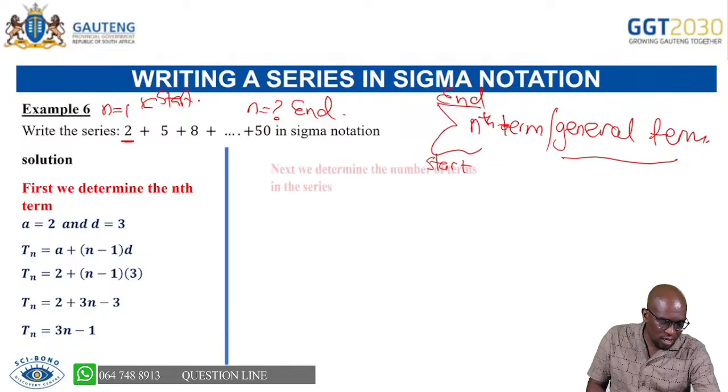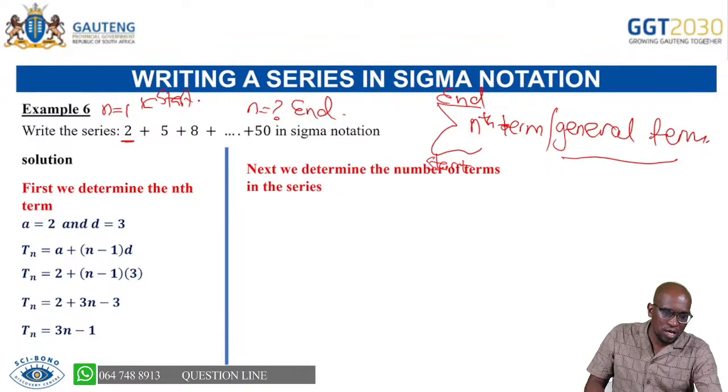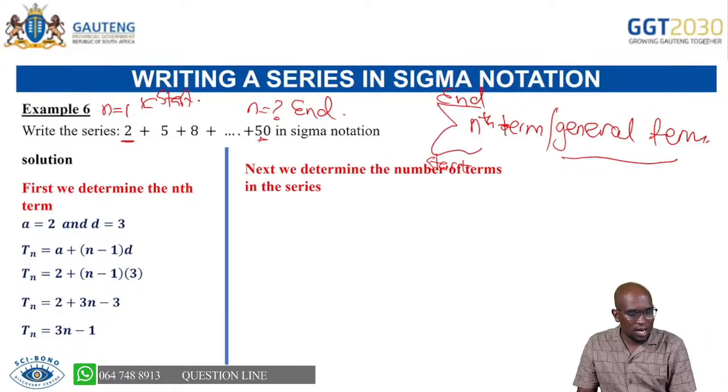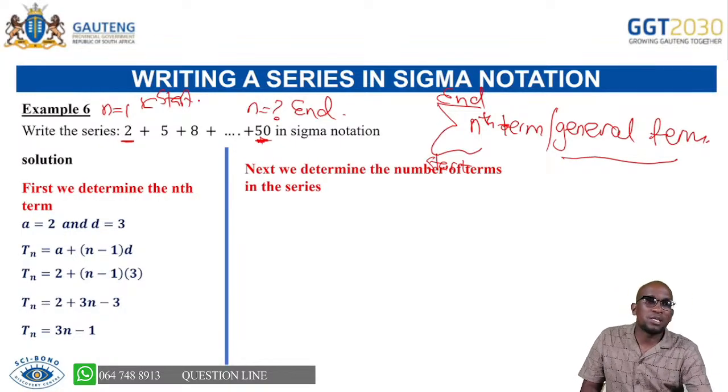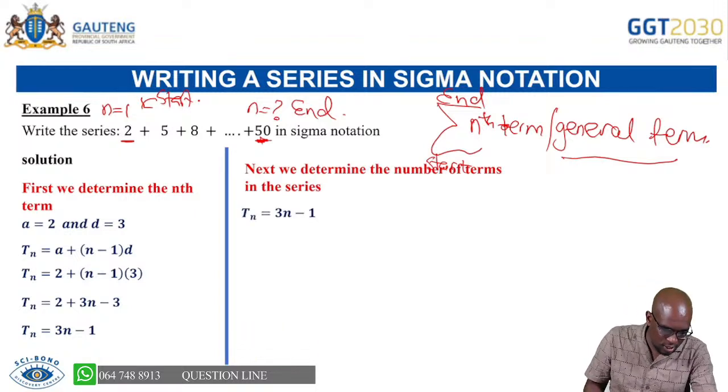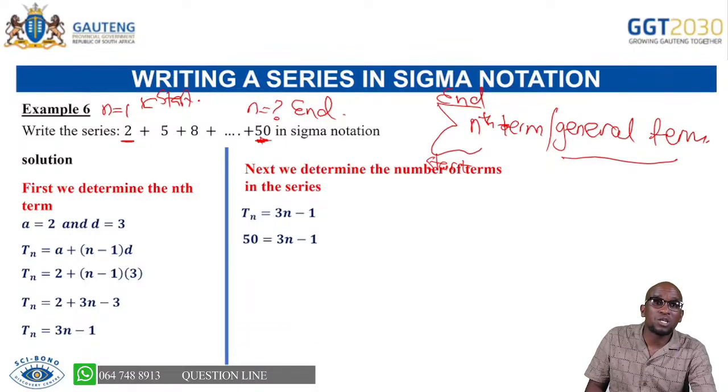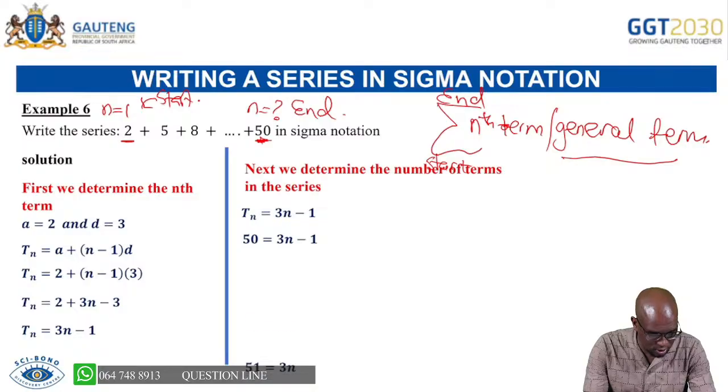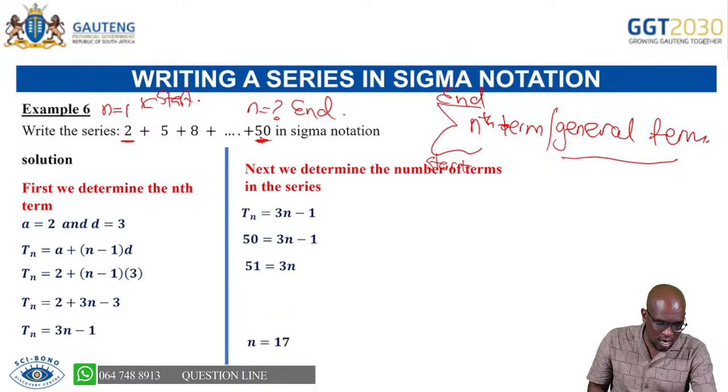Right, from there, we are going to then determine the number of terms in the series, because we have the term in the nth position. So we want to know what n is, so we can simply use the general term and substitute the value of the term in the nth position. So we work out that 51 is equal to 3n minus 1, and n is equal to 17.